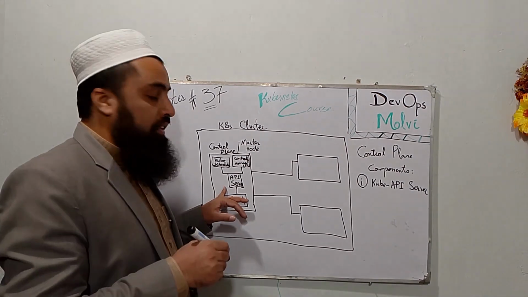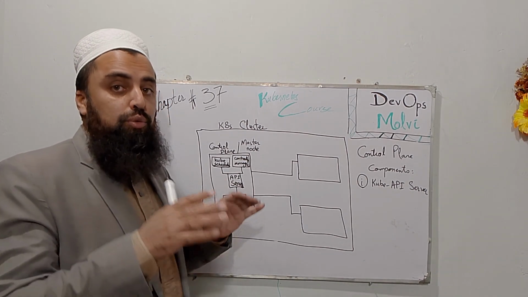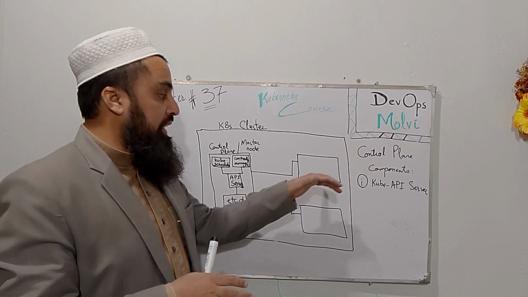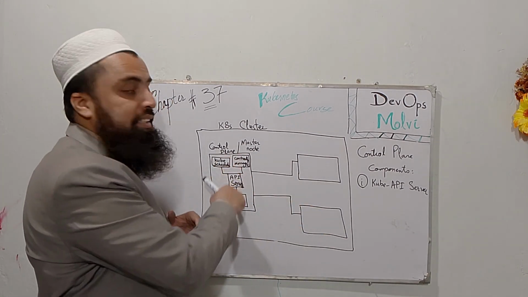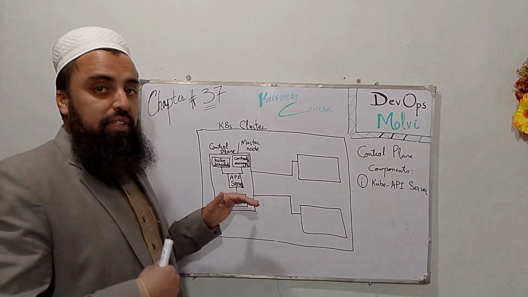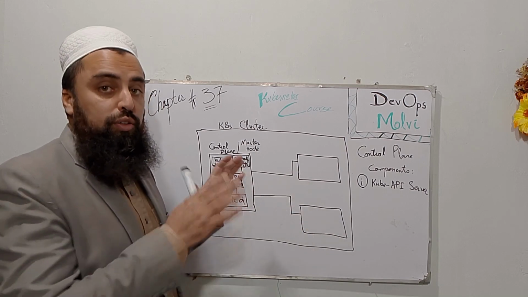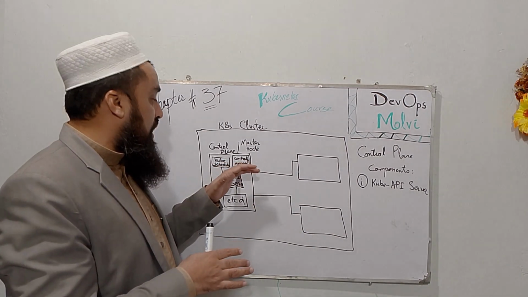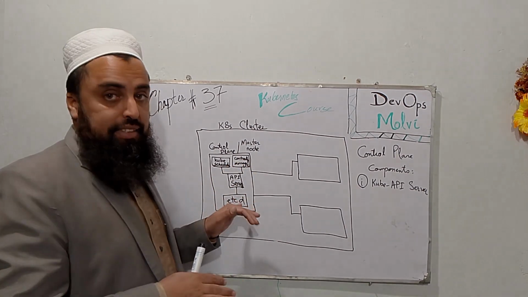The Kube-API server plays the most critical role of listening to every request, whether it is coming from the worker nodes or from the components inside the master node. Alright, so Kube-API server not only communicates with these worker nodes, but it also controls the other components like Kube scheduler, controller manager, and etcd.